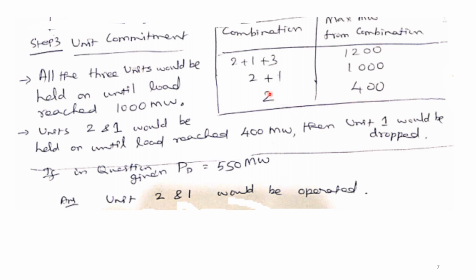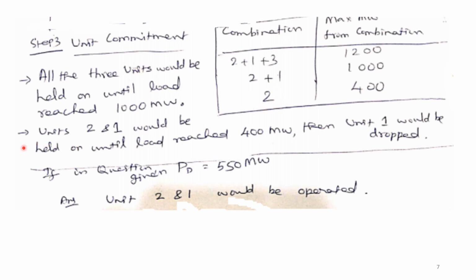The inference is that all three units would be held on until the load reaches 1000 megawatt, units 2 and 1 would be held on until the load reaches 400 megawatt, then unit 1 would be dropped and only unit 2 would be running.